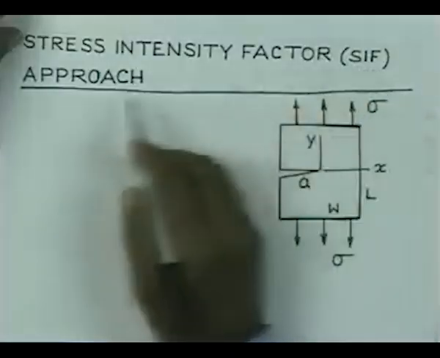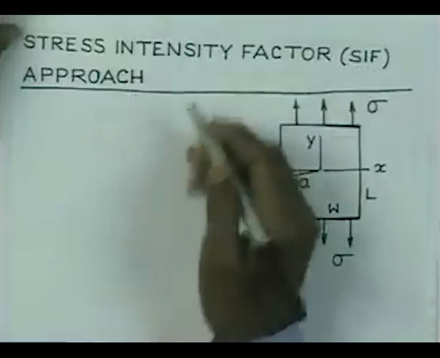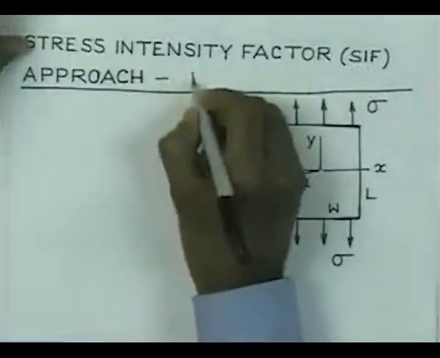This was given by Irwin at a stage which is much later. So, we would like to consider now Irwin's stress intensity factor based approach. So, this gave rise to what is known as the stress intensity factor approach, and this was given by Irwin.